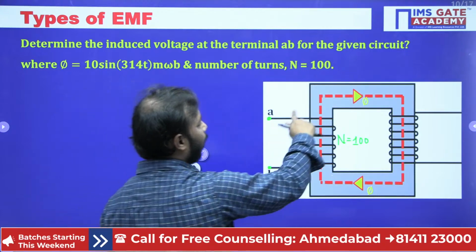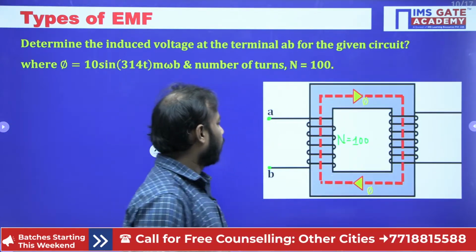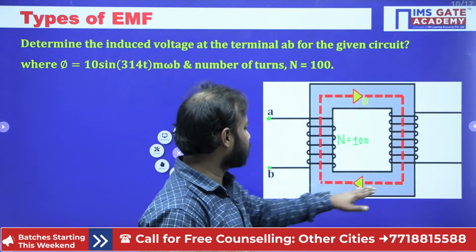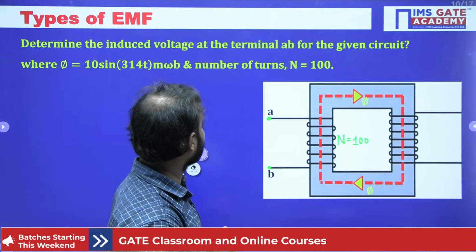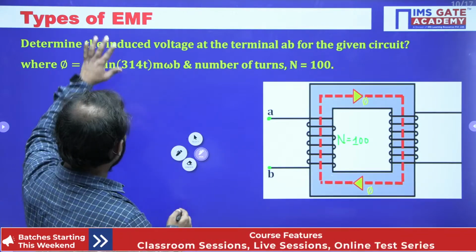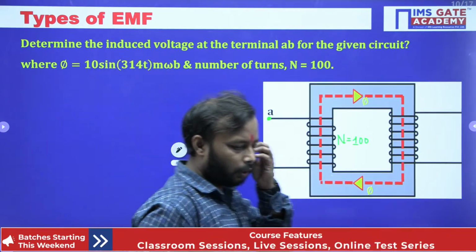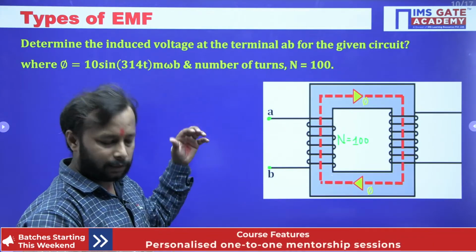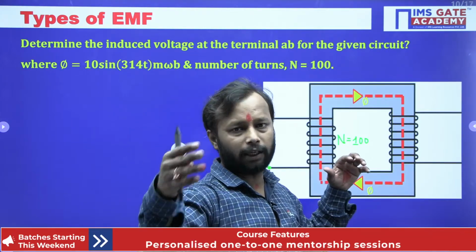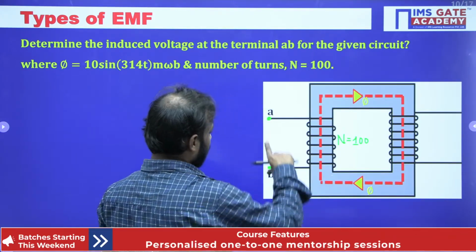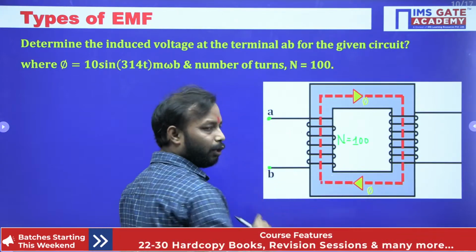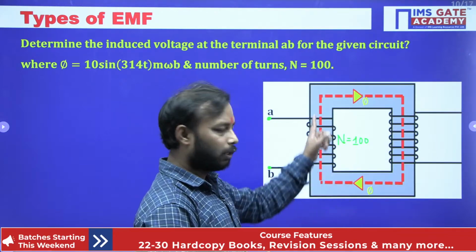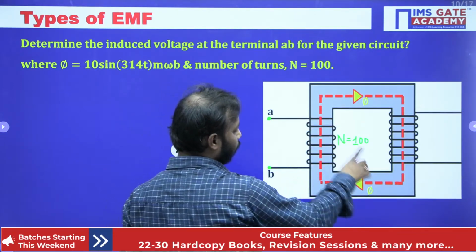Now see, this is a transformer, and in that we have 2 windings, and this flux is moving in this direction. So here we need to find the induced voltage. In the last lecture we have seen that from the Lenz's law, effect opposes the cause. So here the EMF will be induced in such a way that it will oppose this flux. In this winding, what is the flux direction?